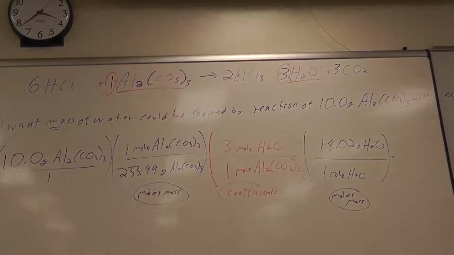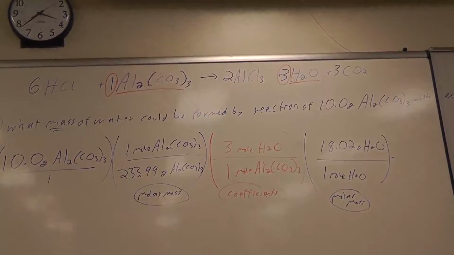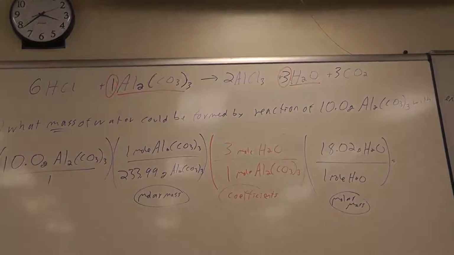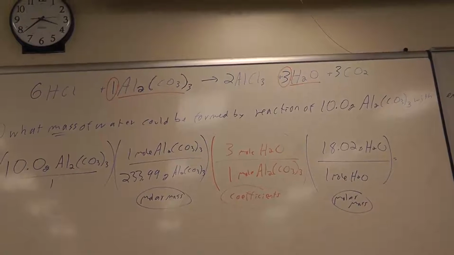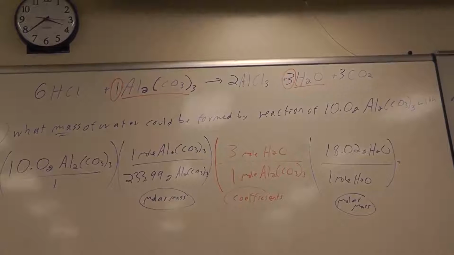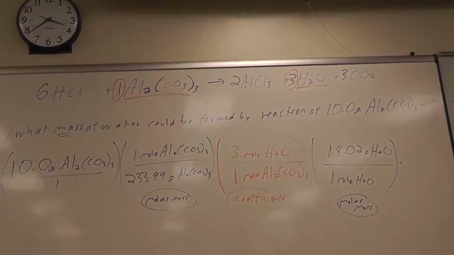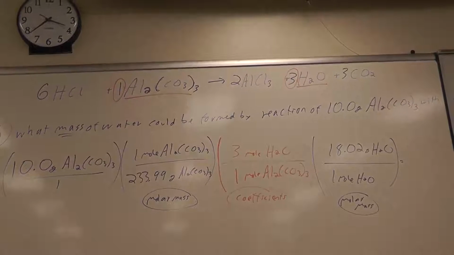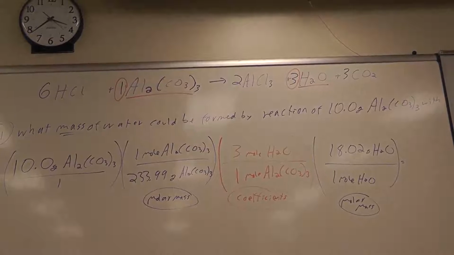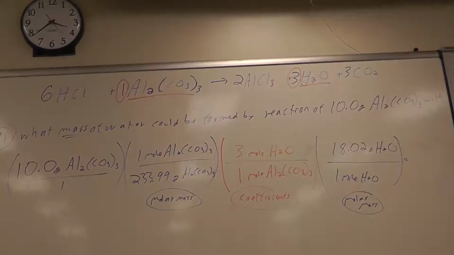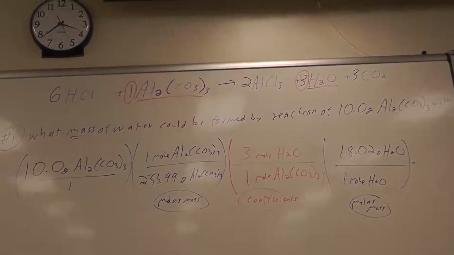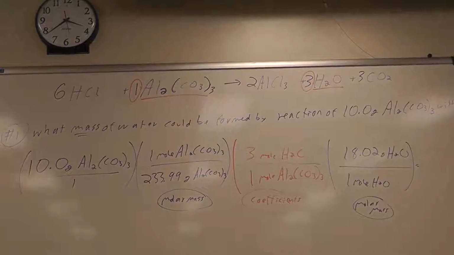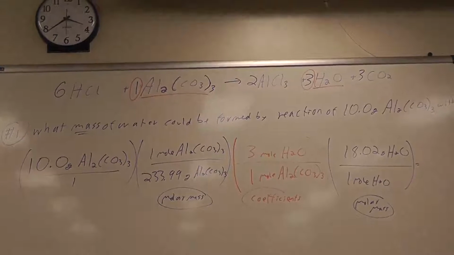It came from our balancing. It's the coefficients of just those 2 materials. We're ignoring everybody else. But it's the coefficients of just those 2 materials. For every 1 aluminum carbonate that reacts, 3 waters are created.